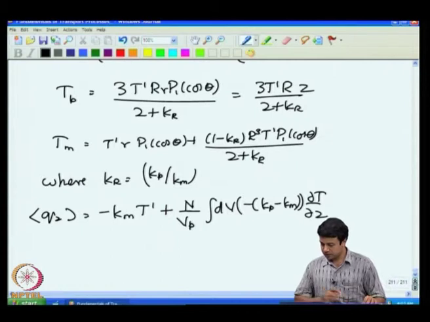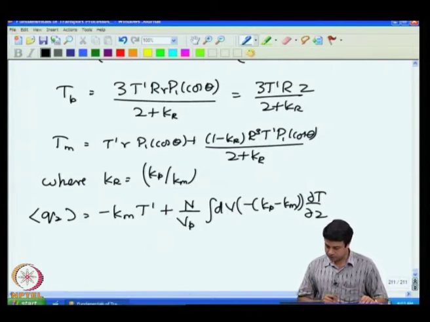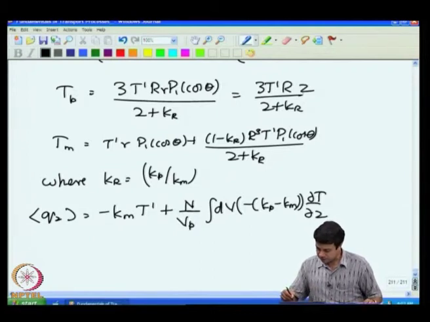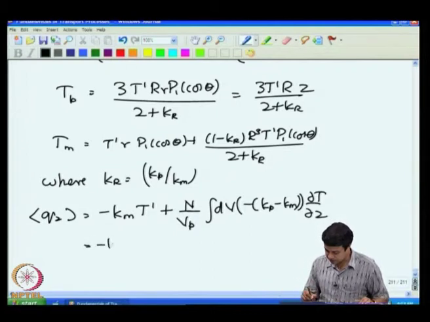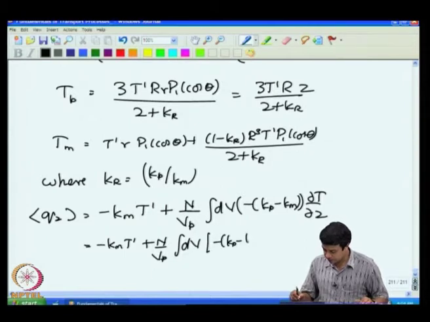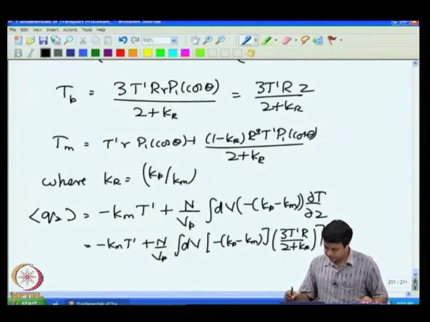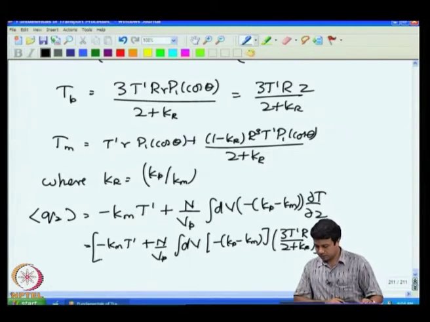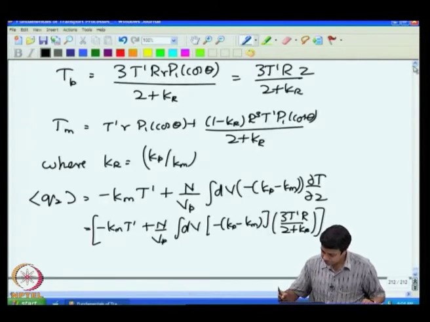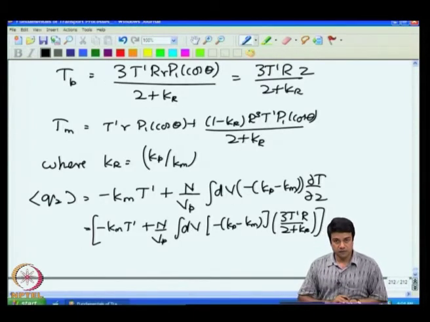So, if I just take the gradient of this with respect to z, I will finally get the temperature field. If I take the derivative with respect to z, this becomes minus Km T prime plus n by V integral over the volume of minus of Kp minus Km into 3 T prime r by 2 plus Kr. This derivative is independent of the particle volume position.